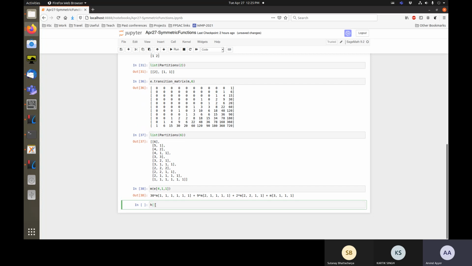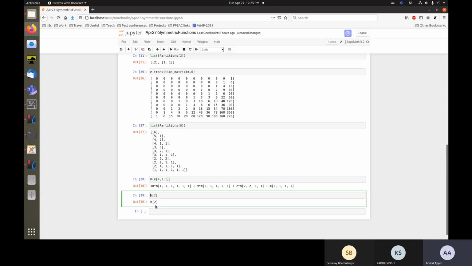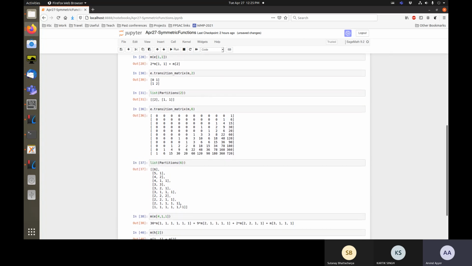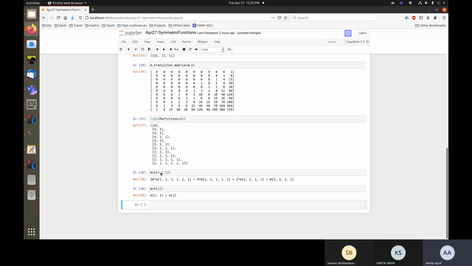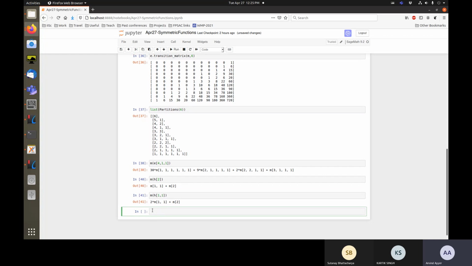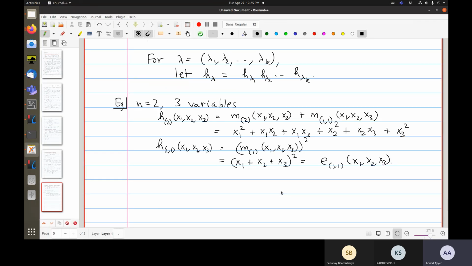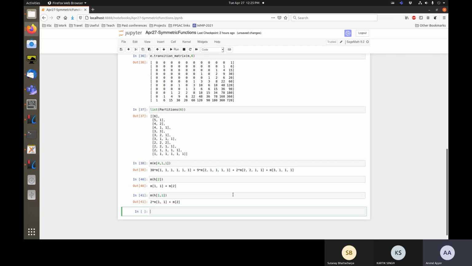H of 2, okay, there's nothing to do with that. If I do M of H of 2, I get M11 plus M2. This you notice is different from E2. And M of H of 11 is, because it's E11, the same.